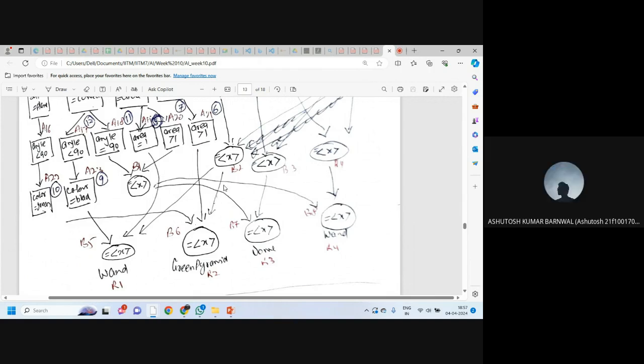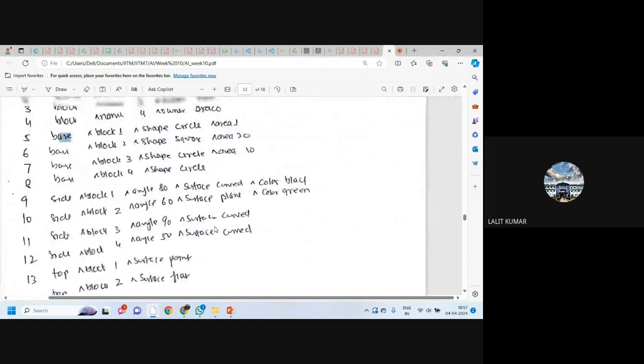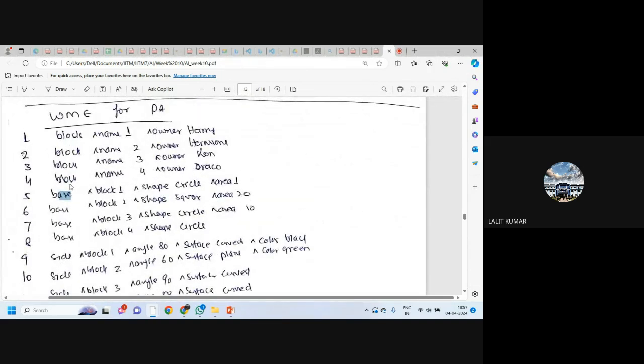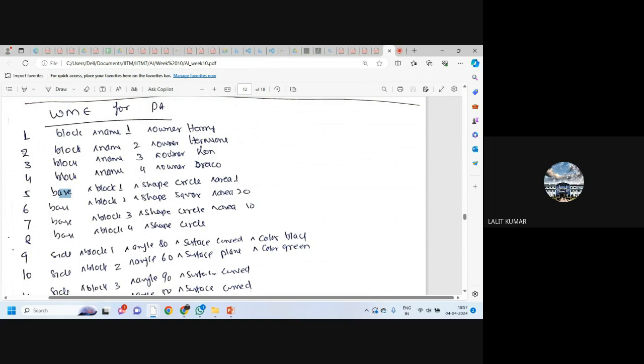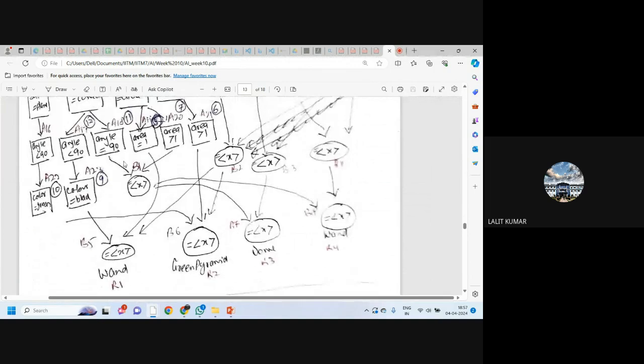And this arrow is coming from name. Among WME 1, 2, 3, 4, for 5 it is block 1, so it will take WME 1. So Rule 1 will fire because these three conditions are matching with WMEs 9, 5, and 1. So the first element of the conflict set is R1, 1, 5, 9. Is that clear?